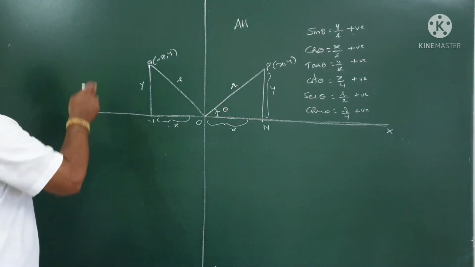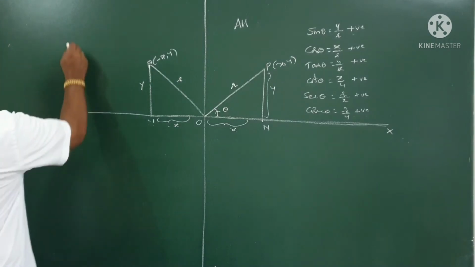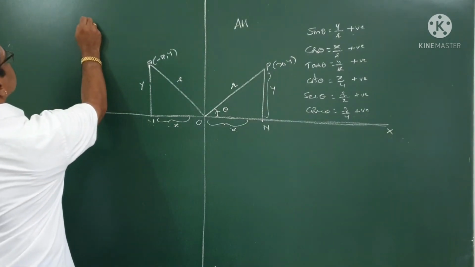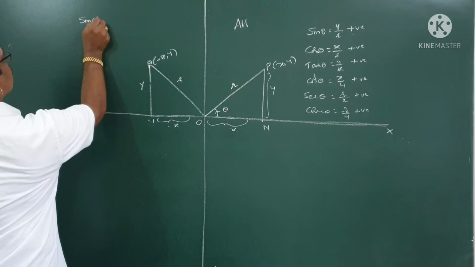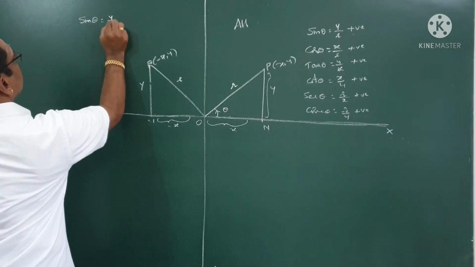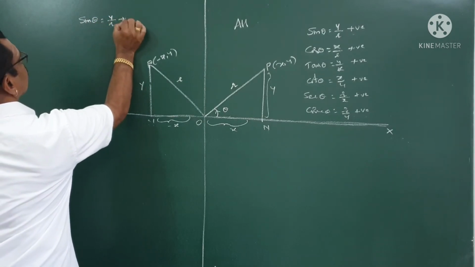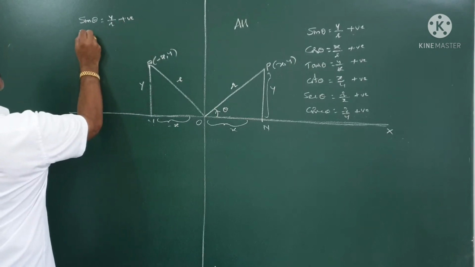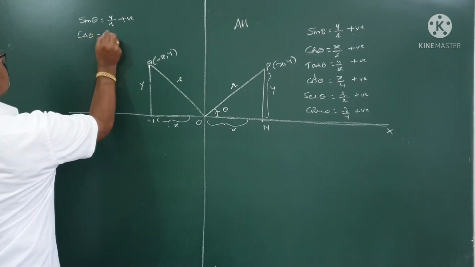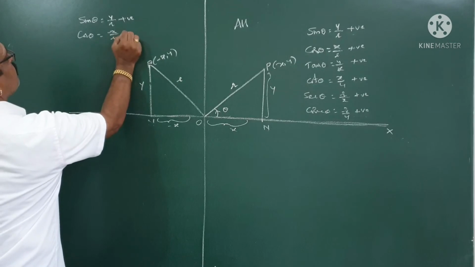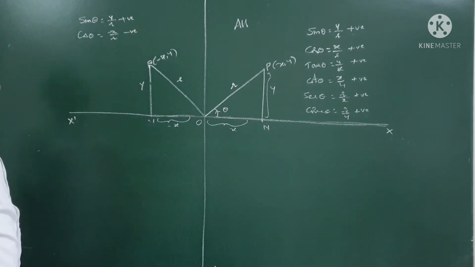So when the point P lies in the second quadrant, my sin theta is y by r, of course positive. Whereas cos theta is minus x by r, so this is negative.